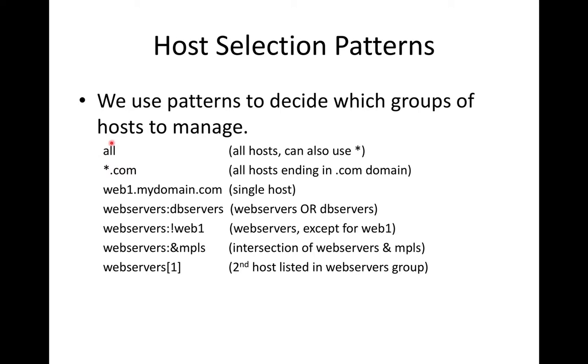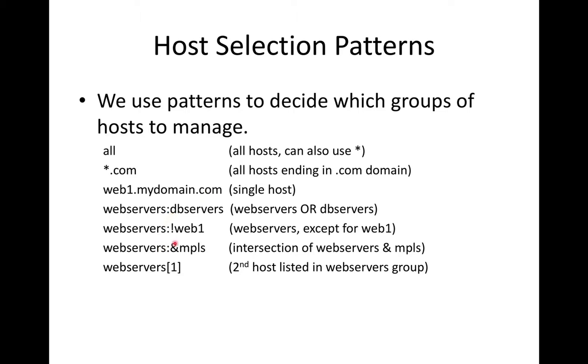You could also use just the asterisk character as a wildcard. You could tell Ansible that you want to apply configuration against all hosts with a name that ends with .com by using star.com. You could tell Ansible that you want to run configuration against a single host, and you explicitly specify the host name.